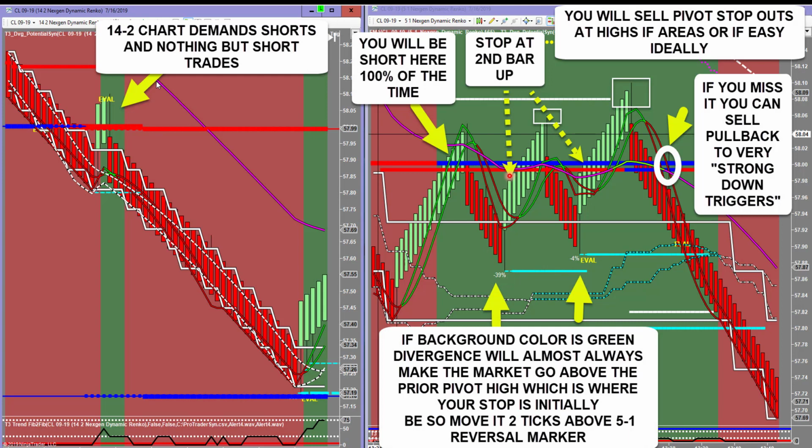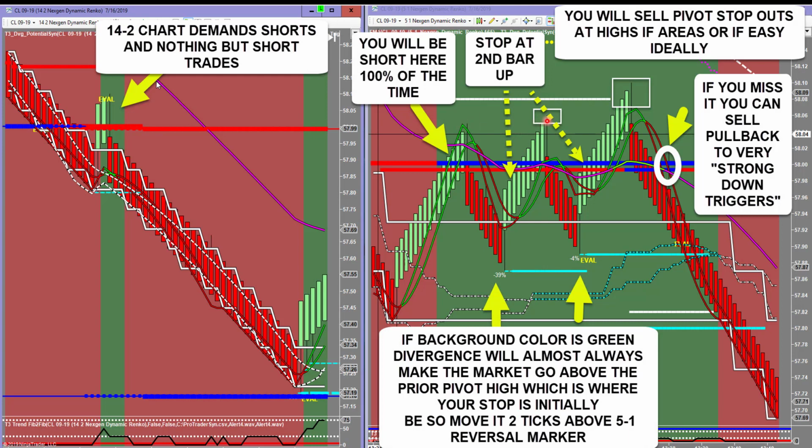Because what happens is they usually are going to stop out the high. And remember, our stop is above the high. Think about it. If it's green and we have divergence, which means it's going to take out the high and our stop's up here, that would be silly. So we're going to get out after the second bar up, anticipating that stop out, and most people will get back in short, especially if we have a divergence line there, it's a lot easier.